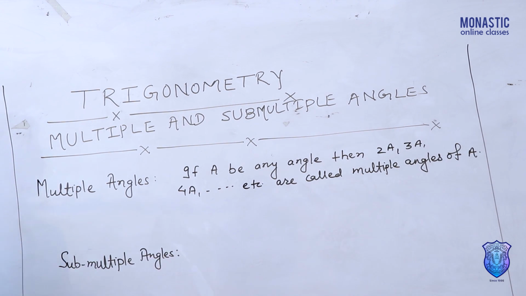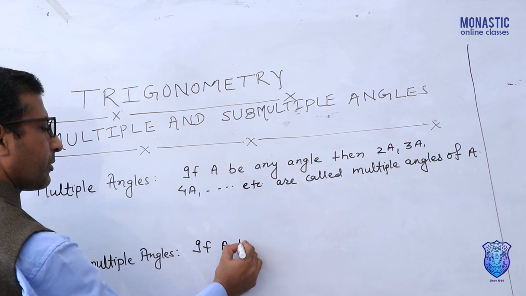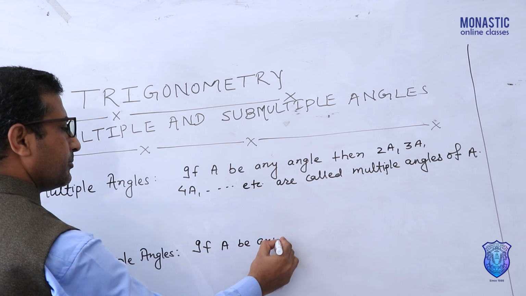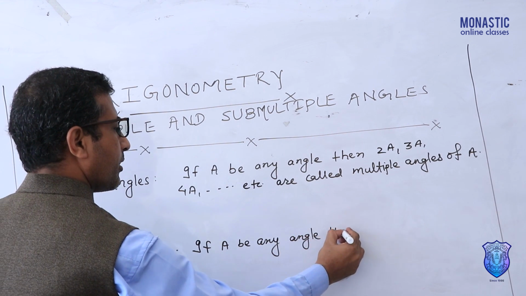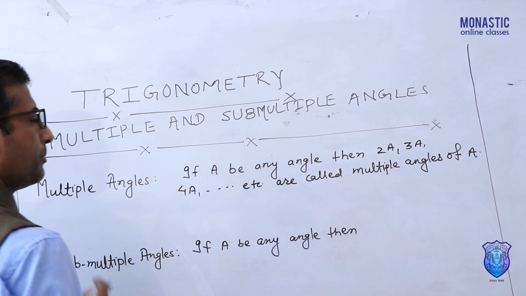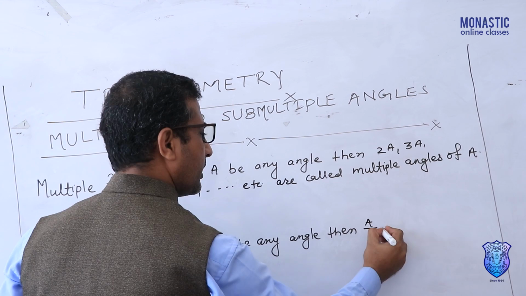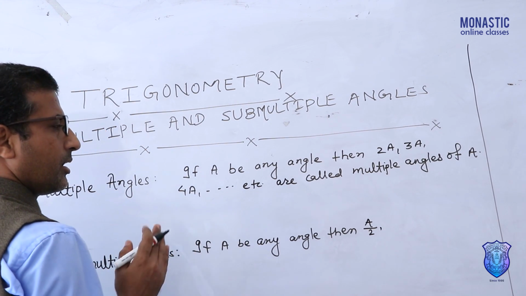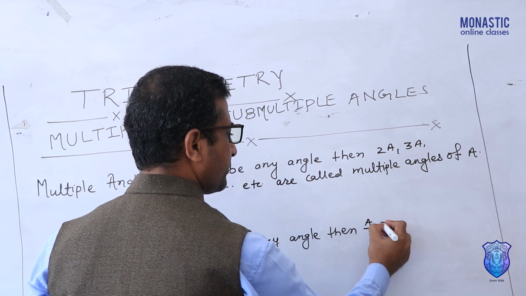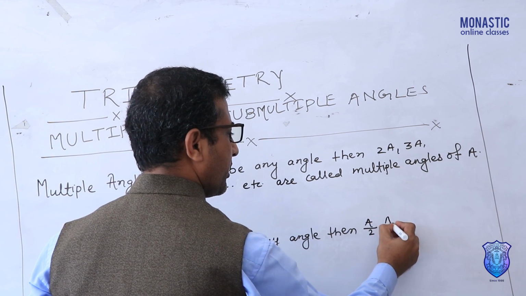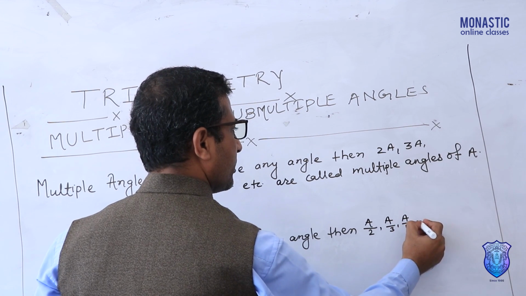In the same way, if A is any angle, then when we say sub-multiple, it means a fraction, that is not the whole part, that is A by 2, A by 3, A by 4.